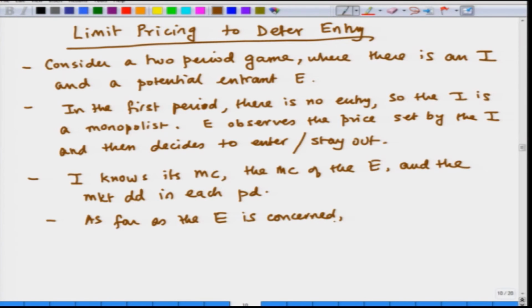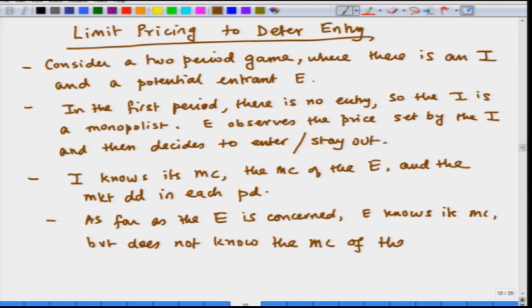As far as the entrant is concerned, the entrant only knows its marginal cost. He knows its marginal cost, but does not know the marginal cost of the incumbent. So, all it does is it forms a belief that with some probability the incumbent either is a low cost firm or the incumbent is a high cost firm.